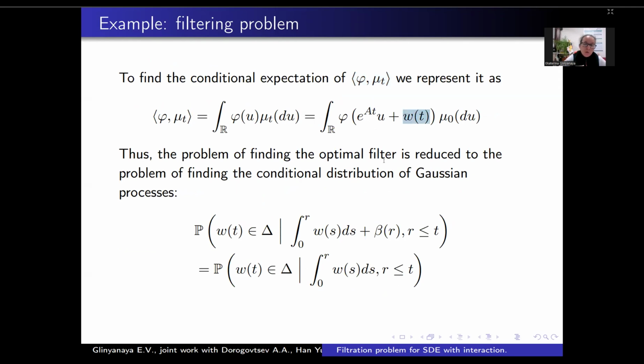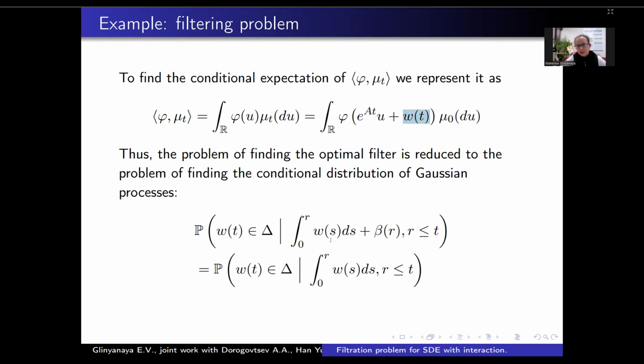So for finding the conditional expectation, we just need to know the conditional distribution of a Gaussian process conditioned on another sigma algebra of Gaussian processes.